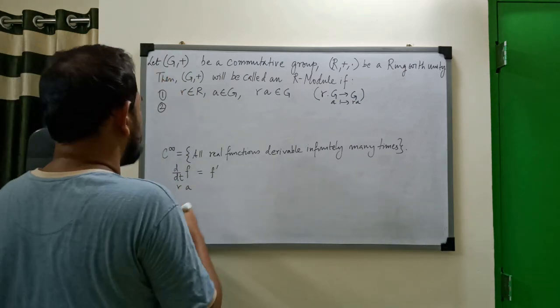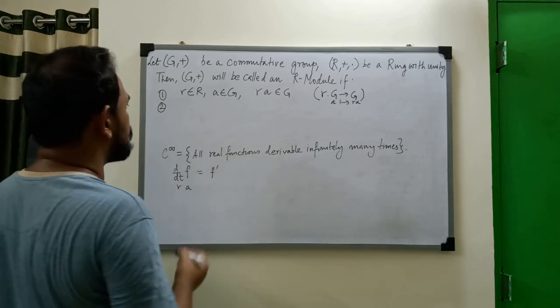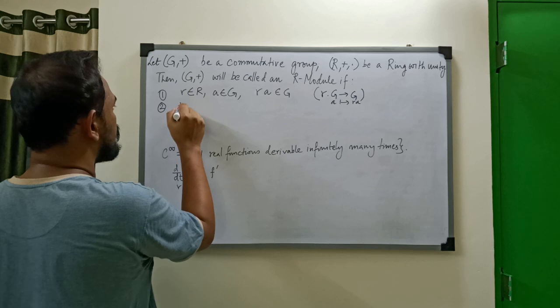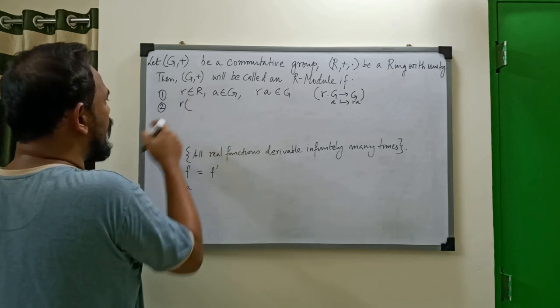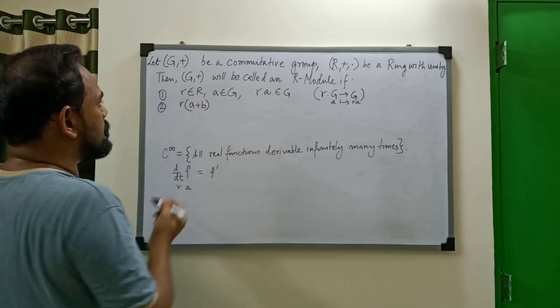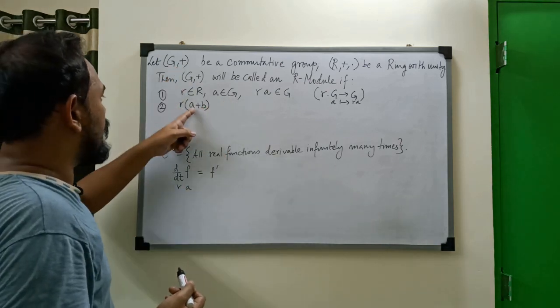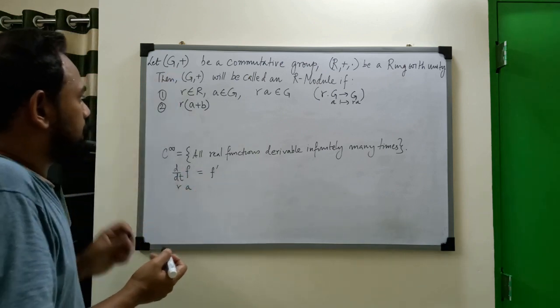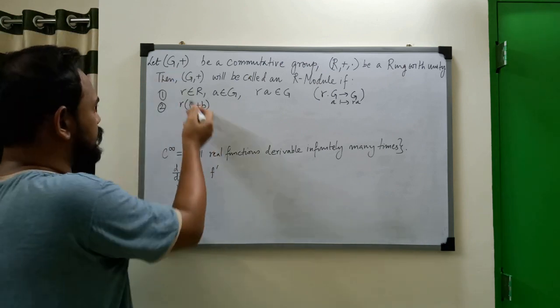Right. What about, and it should follow something more. If R acts on A plus B, where A and B are from G, remember, this is a group, so A plus B together will be an element of the group because of the closure property of addition.